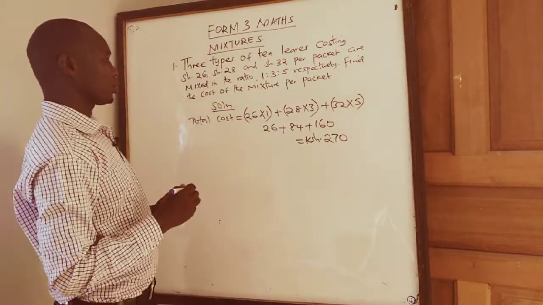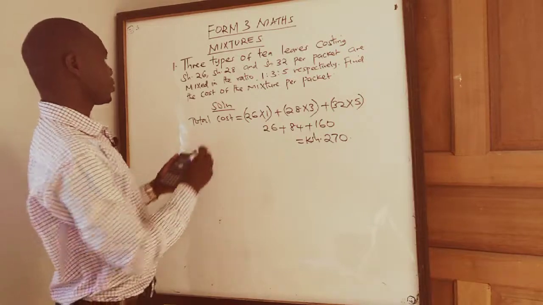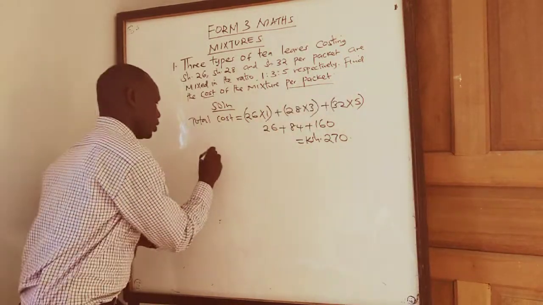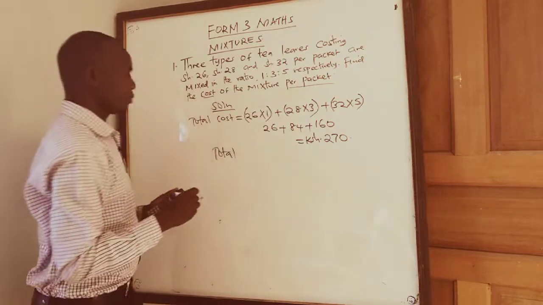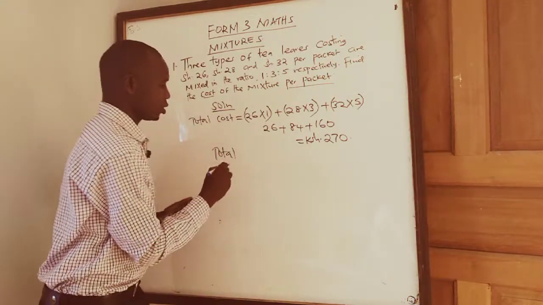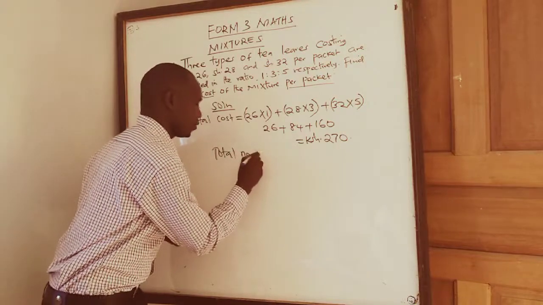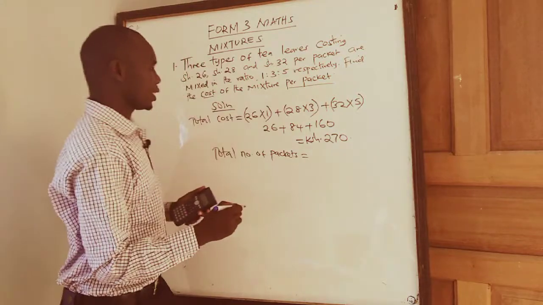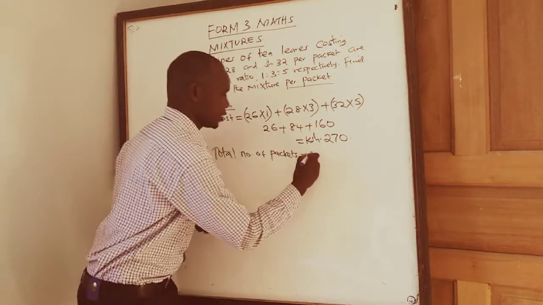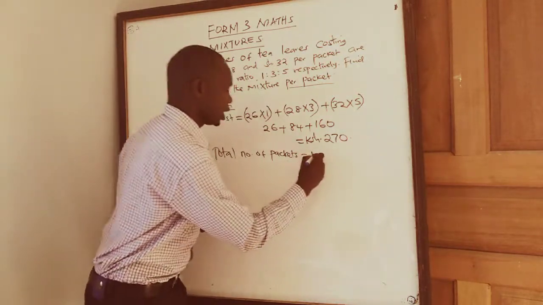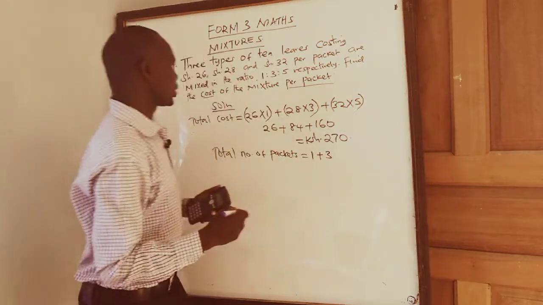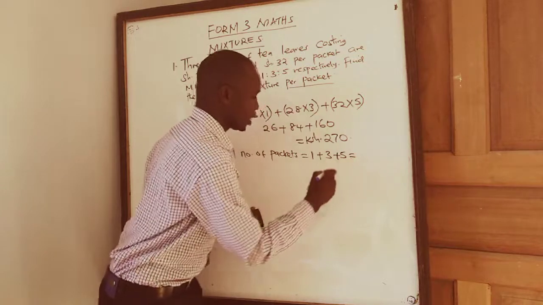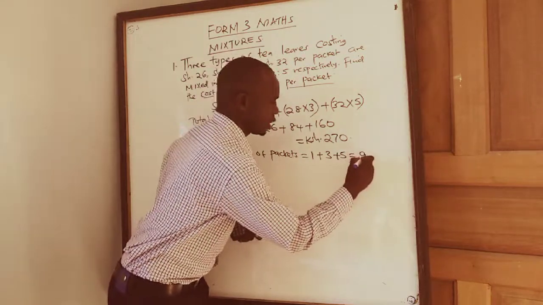That is the total cost of the mixture, but we are supposed to find the cost of the mixture per packet. For us to find that, we need to know the total number of packets. We have 1 packet for the one costing 26, 3 packets for the one costing 28, and 5 packets for the one costing 32, and the total number of packets is going to be 9.